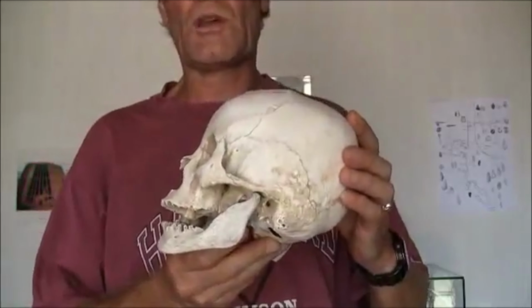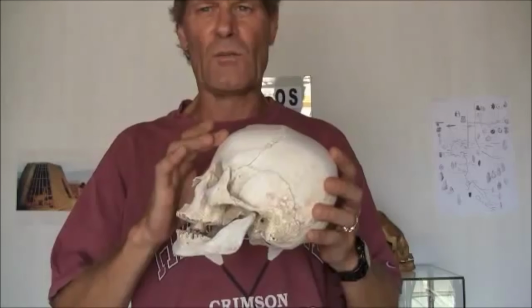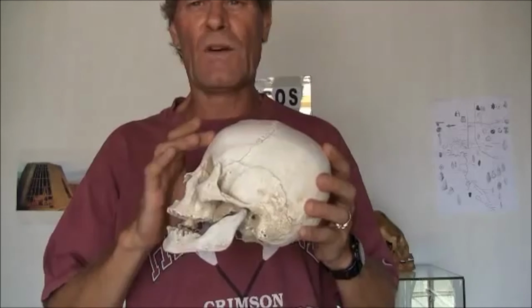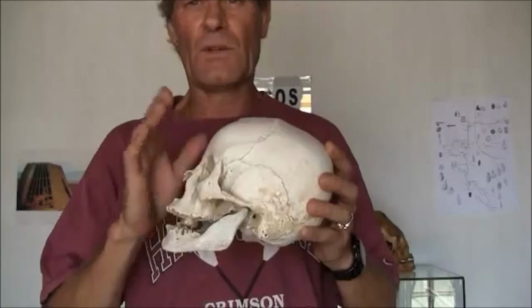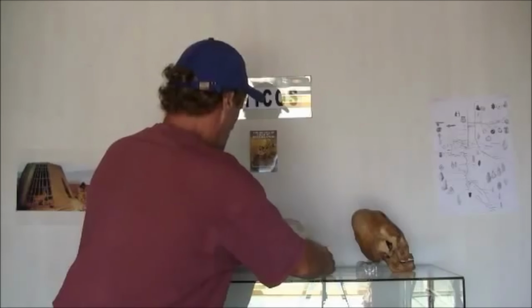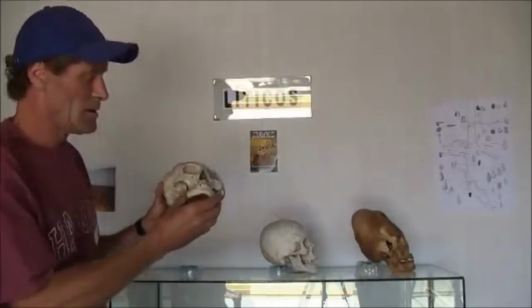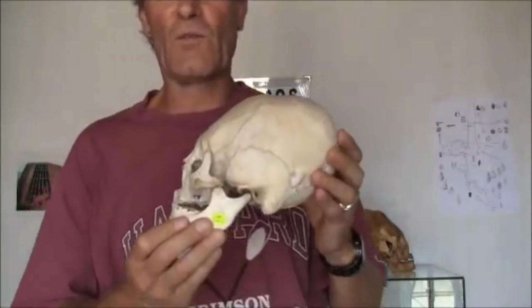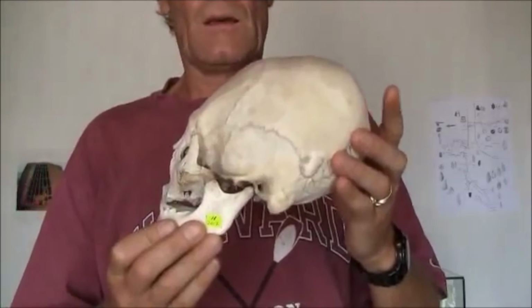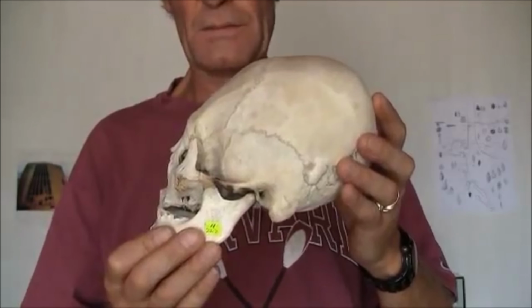This is a normal shaped skull, and this person's cranial volume was 1,200 cubic centimeters, which is an average human. Now this is an example of cranial deformation. The volume of this skull is 1,100 cubic centimeters.